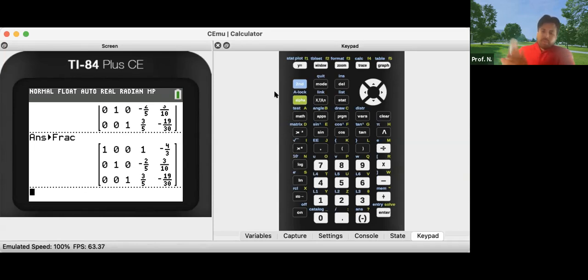So putting a matrix in row reduced echelon form, you don't have to do by hand for this exam, nor do you have to find by hand any determinants of any matrices. Because this exam is not so much focused upon the computational aspect of linear algebra, but more on the conceptual.